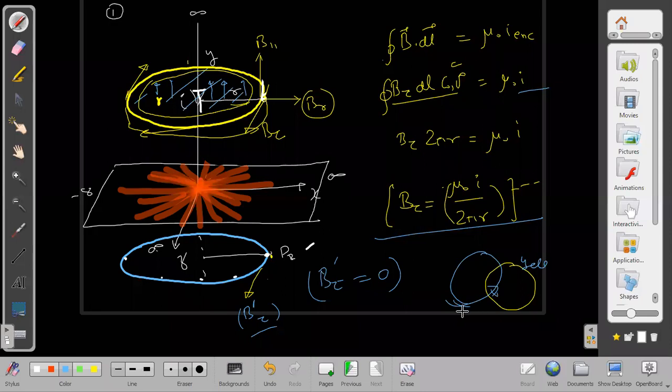Then what is the flux passing through it? 0 only. Flux passing will always be 0, because the magnetic field lines always form closed loops. The field lines entering the surface will also be coming out. When they enter, we take that flux as negative; when they come out, we take it as positive. So overall, the net flux becomes 0 only. Okay, so this is fine.